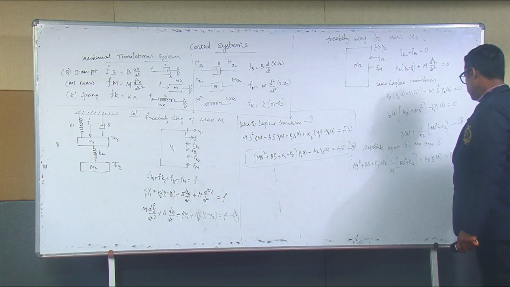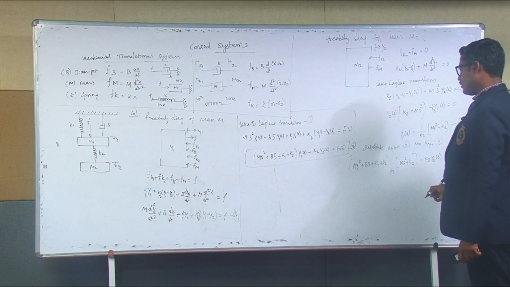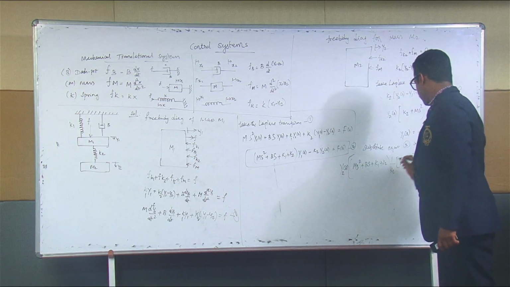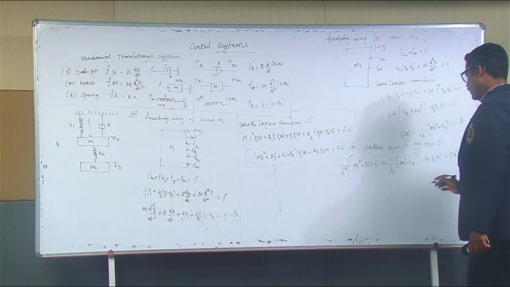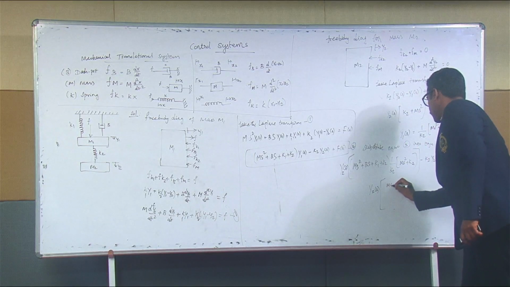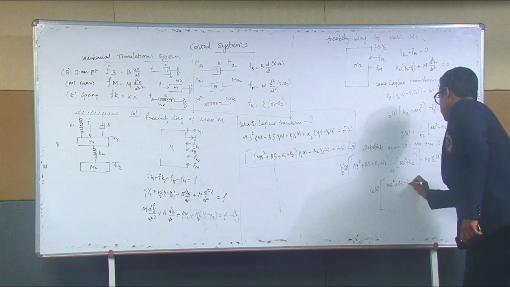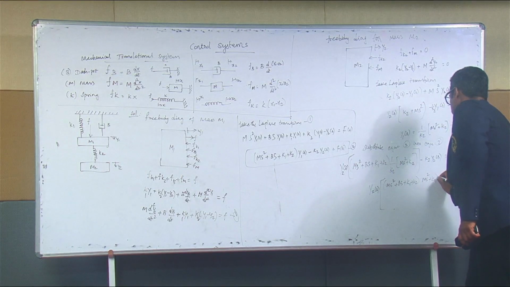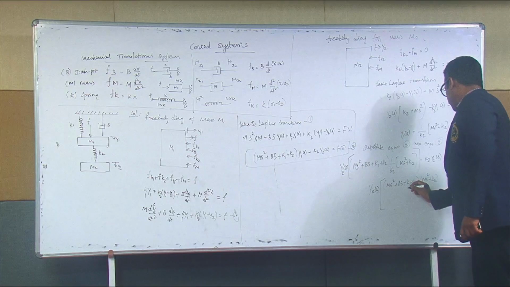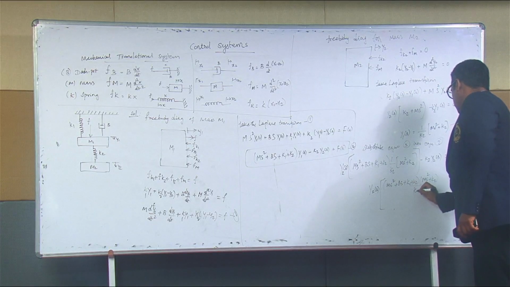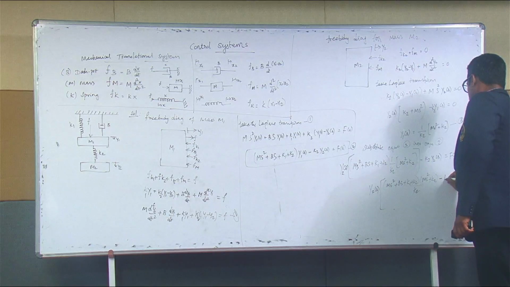Again, by rearranging the equation and taking y2 of s commonly outside, we get y2 of s into [(m s square plus b s plus k1 plus k2) into (m s square plus k2) divided by k2, minus k2] equal to f of s.